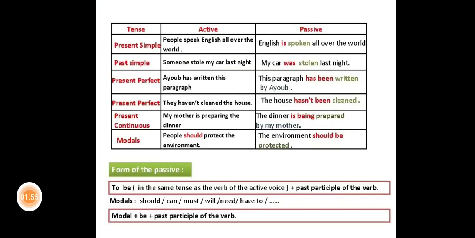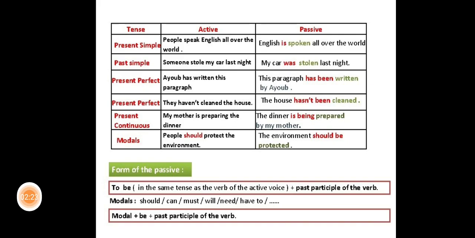Passive voice is different according to the kind of tense we have. So how many tenses do we have in English? Basic tenses, about 6 or 7. But the rule of the passive is very mechanical. You only have to introduce some change into the auxiliary, the verb to be.